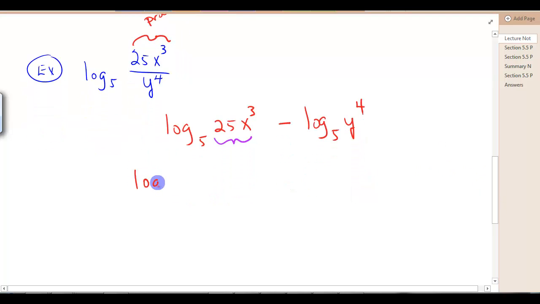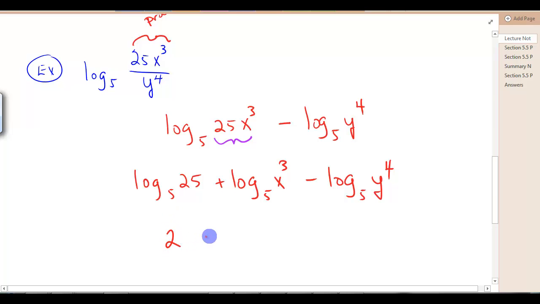We're going to say log base 5 of 25 plus log base 5 of x cubed minus log base 5 of y to the 4th. All right, powers can come to the front, and we need to evaluate that. 5 to what power equals 25? That's going to be 2 plus 3 log base 5 of x minus 4 log base 5 of y.